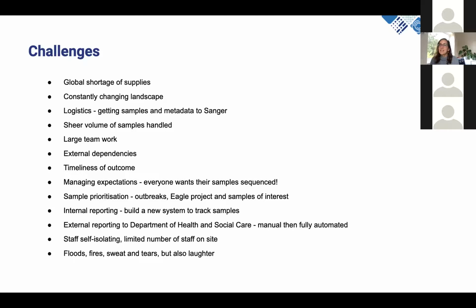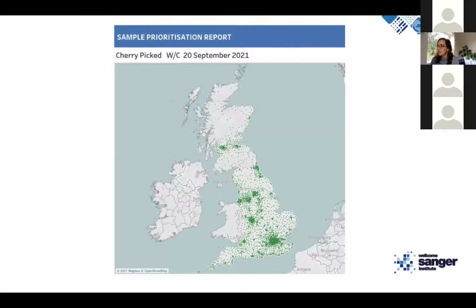And that allows us, I have a map here to show you, to have a good spread of the samples in the country. So what this algorithm is doing is prioritizing some specific samples. At this point in time, we are very interested in imported cases.